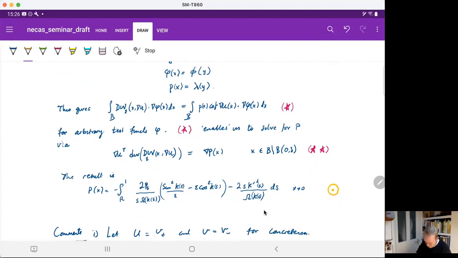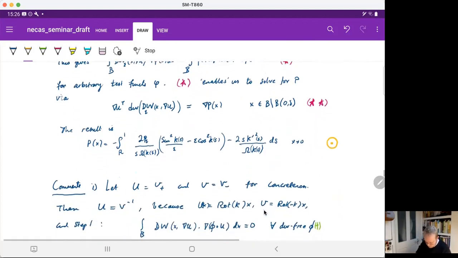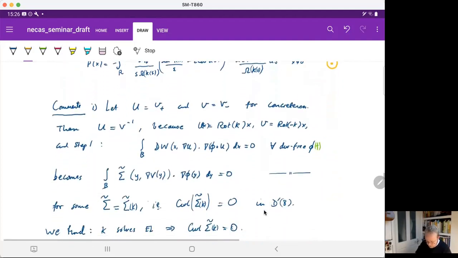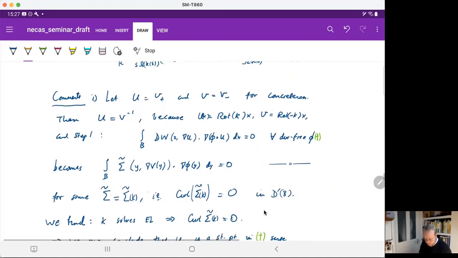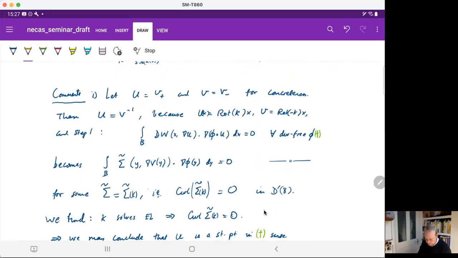What does one do in practice, and what are the interesting points about it? Well, it's just a calculation, you could say. On the other hand, there are some nice properties of these twist maps, these pairs of twist maps. So if U is V plus and say capital V is V minus for concreteness, you can see that they're inverses of one another.